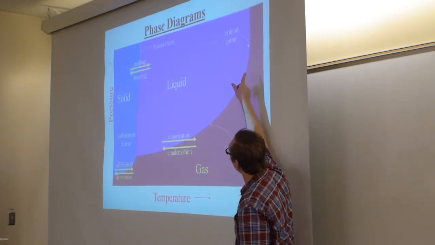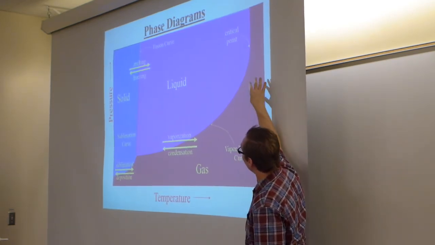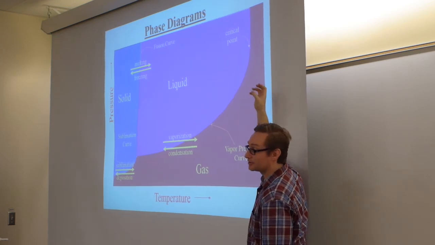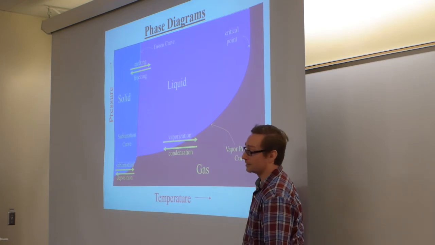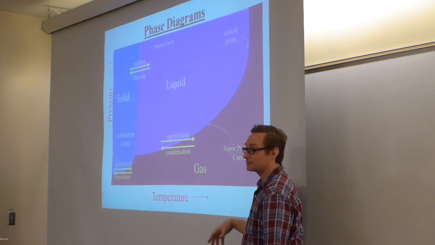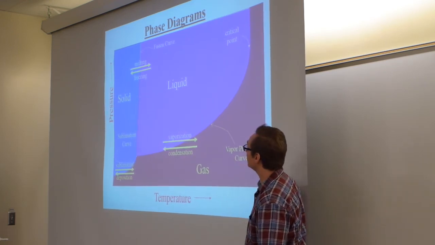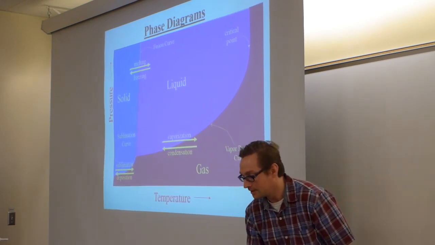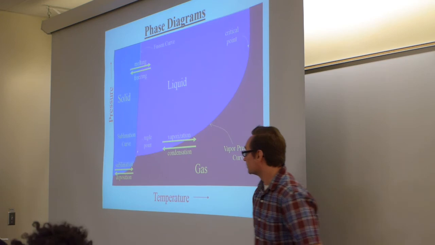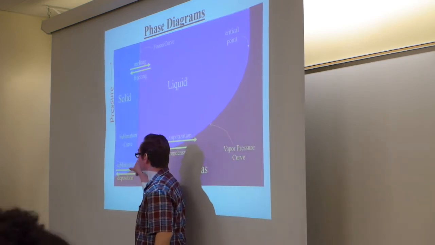At that point, vapor and liquid converge into a mix that's sort of gaseous, but also behaves like a liquid. And then this is the triple point, this guy right here.